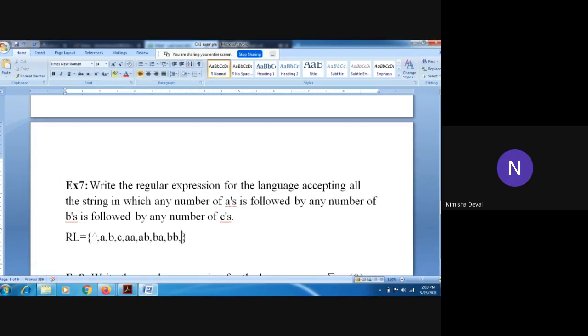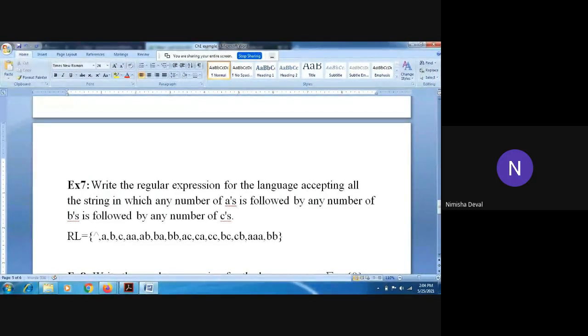Another one, combinations with C: AA, AC, CA, and CC will be there. Same with B and C: just C, BC, CB. And this same pattern goes on with triple A, triple B, and triple C likewise.